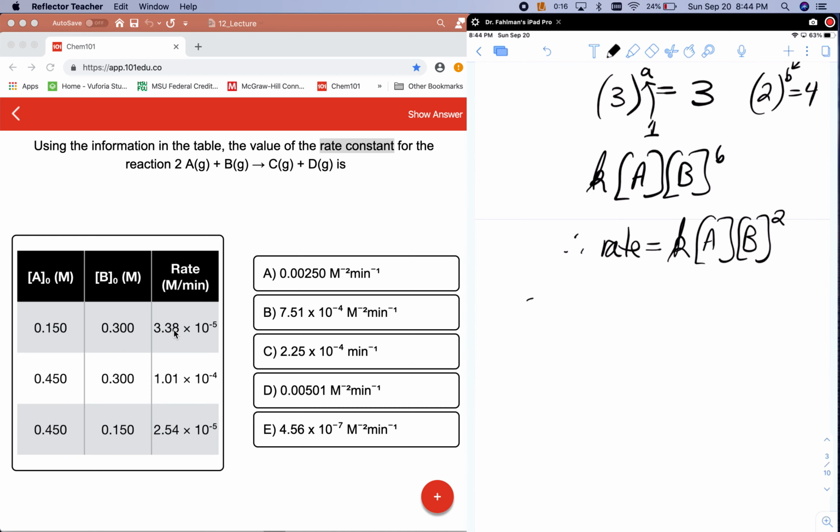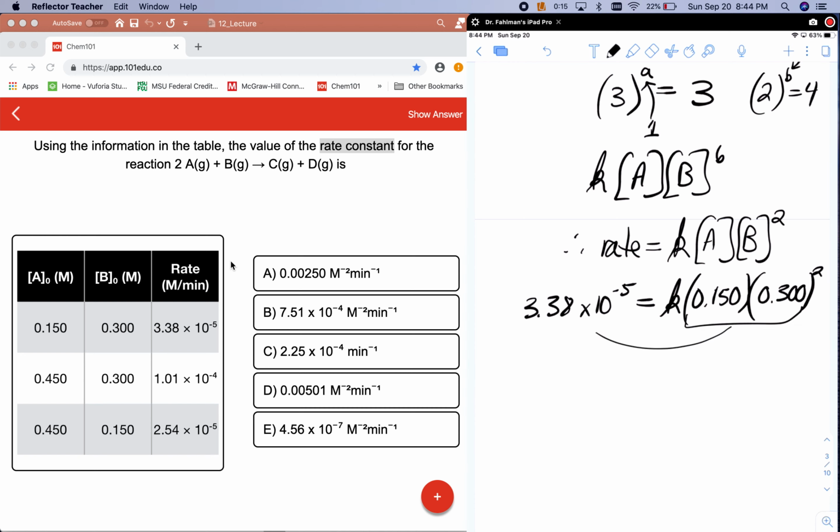Using experiment 1, we have 3.38 times 10 to the minus 5, that's the rate, equal to some constant, and now A is 0.15, and B is 0.3 squared. I would multiply these first and then divide both sides by that.